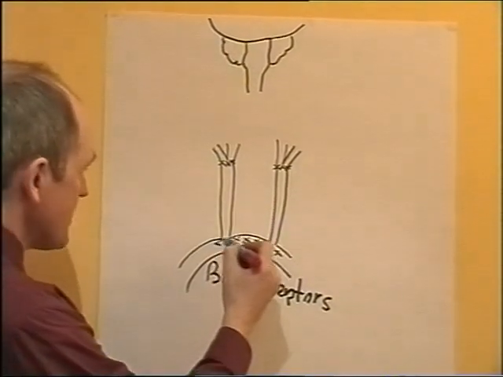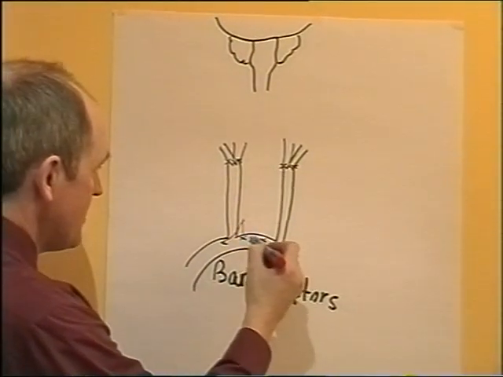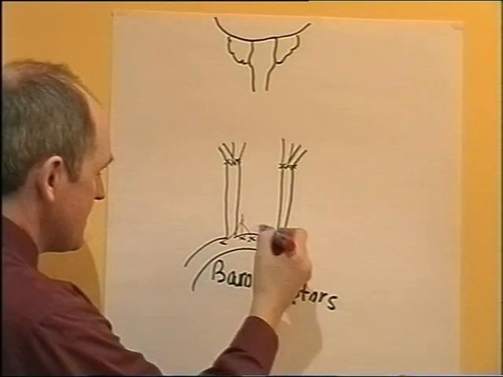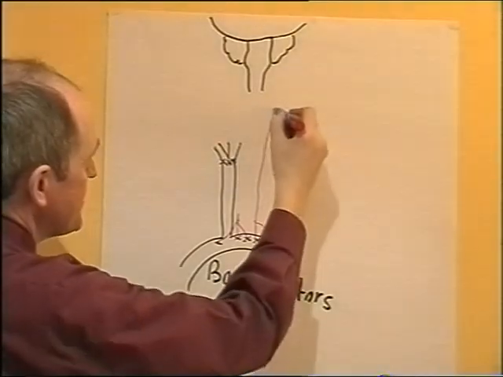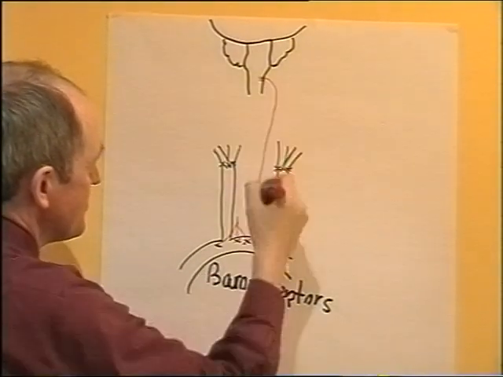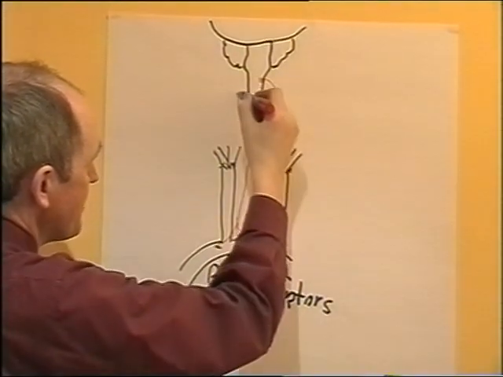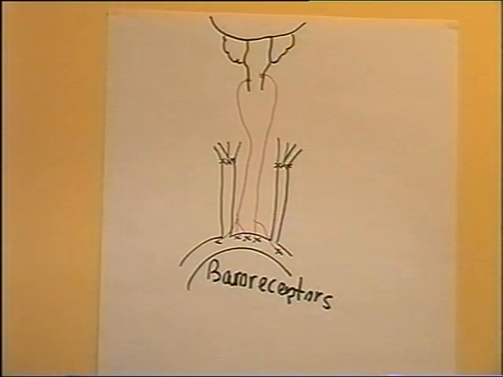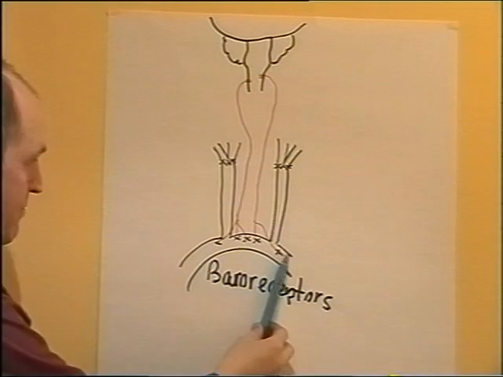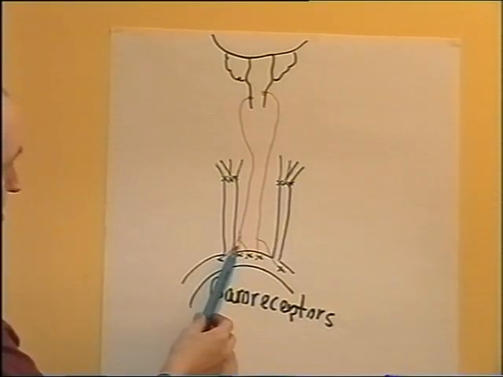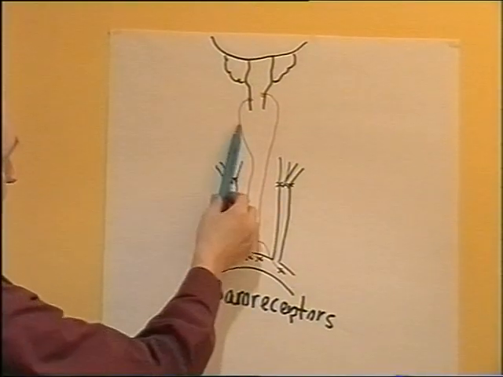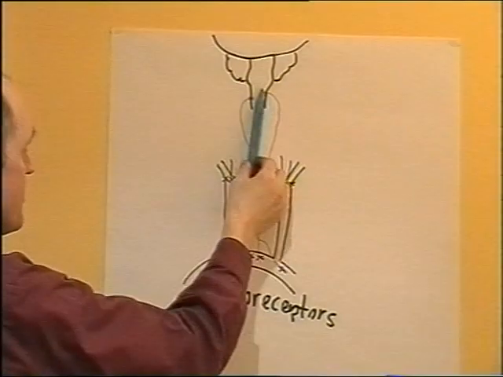From the aorta, nerve fibres come together to form a branch of the vagus nerve, and these branches go up and feed into the medulla. So the pressure is detected by the baroreceptors in the aortic arch, and these send impulses up the vagus nerves into the medulla.